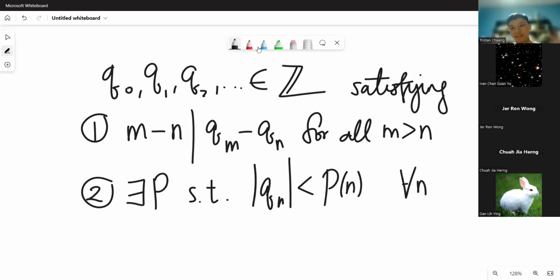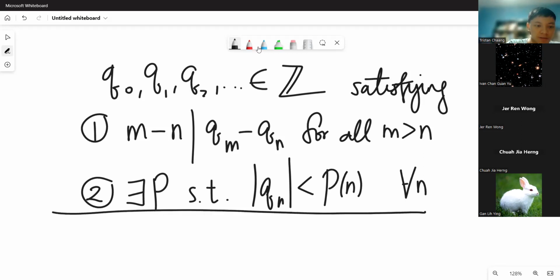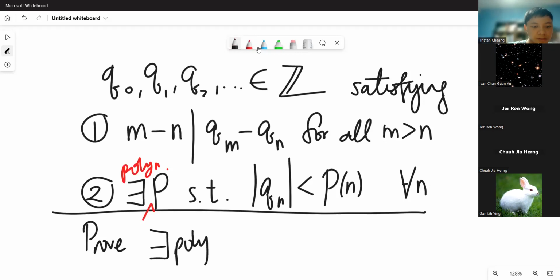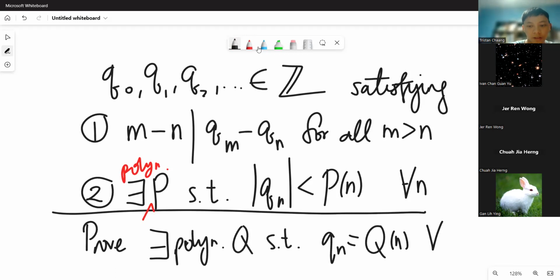So this integer sequence is kind of polynomially bounded, if you want to use that terminology. Now, prove there exists some polynomial q. Oh, hang on, I didn't say polynomial here. There exists some polynomial Q such that qn equals large Qn for all n.